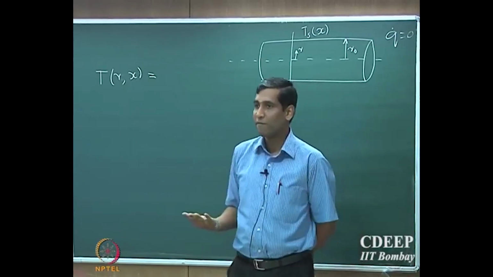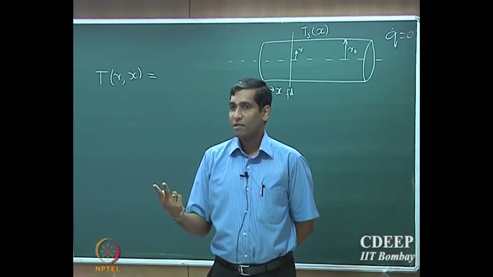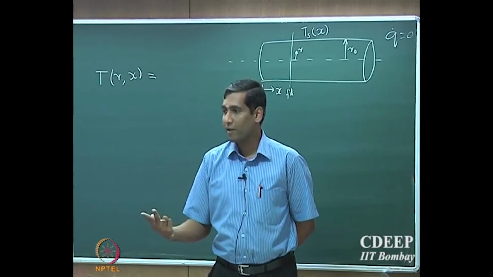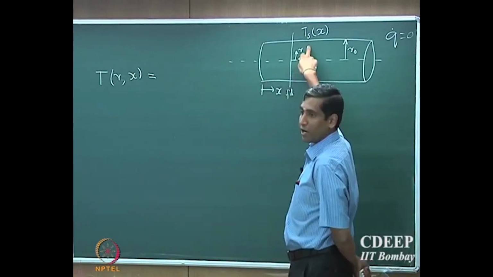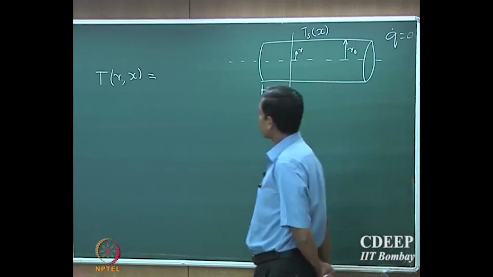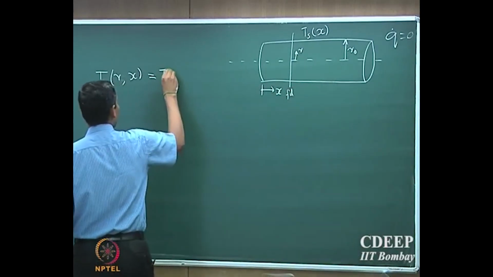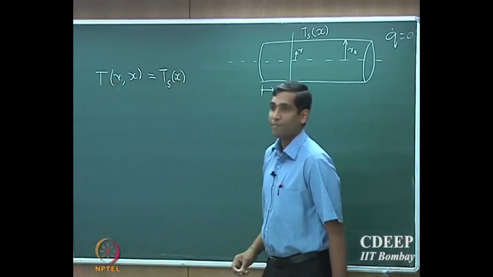So it's by separation of variables you should be able to get two functions. It will be a product of two functions. One will be a function of the radial direction, one will be a function of the axial direction. Okay. So therefore the general form of the solution will be Ts of x.